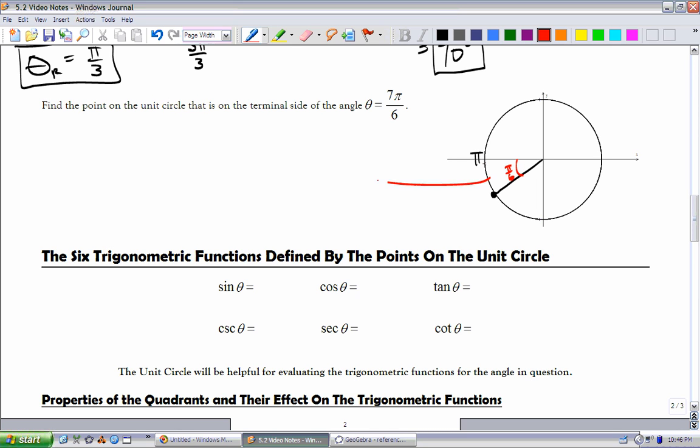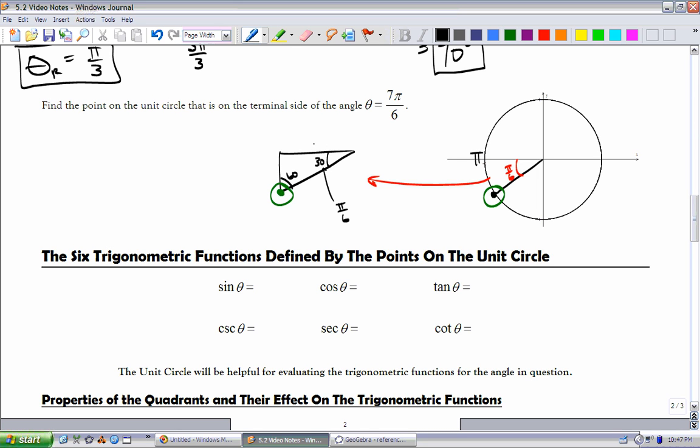If you look, I'll bring this triangle out here. This is a 30, 60, 90 triangle, where 30 is pi over 6. Really what we're looking for, this green point, is this point right here. Notice its coordinates will be the side lengths of the triangle.